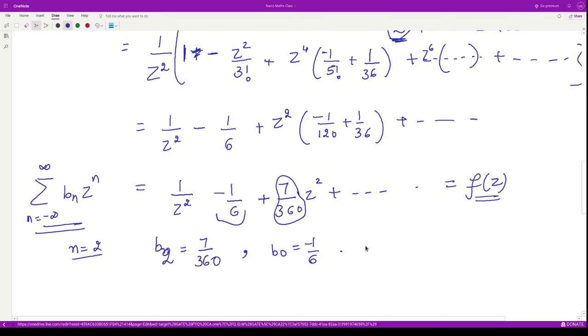And if you see b minus 2, it would be the coefficient of this term, which is 1. So this is 1. And moreover, we do not have any term containing z or 1 by z of the sort.